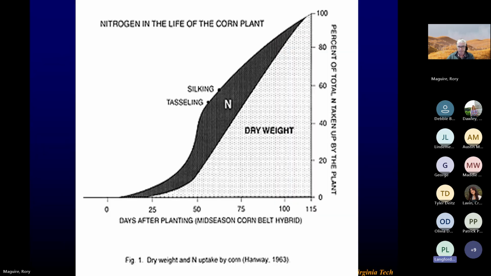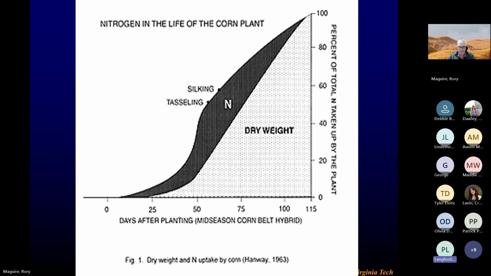And so this graph is showing how the percentage of total nitrogen taken up by the plant is affected by the days after planting. So you can see that nitrogen uptake is at its peak during the tasseling stage.